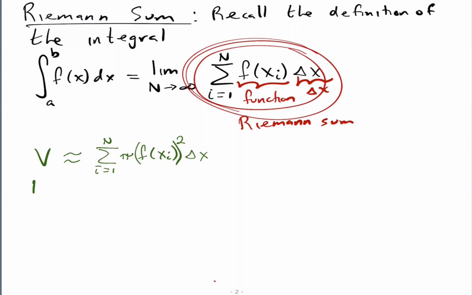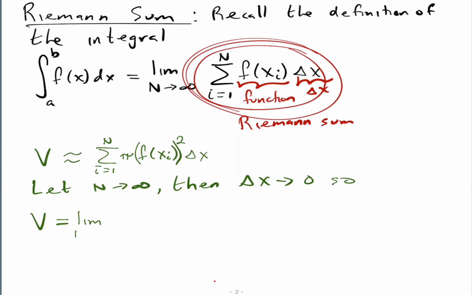So then we say, okay, well, let n go to infinity. Then what happens to delta x? It's going to go to 0, right? So we have that the volume is exactly equal to the limit as n goes to infinity of the sum that I just wrote down, right?